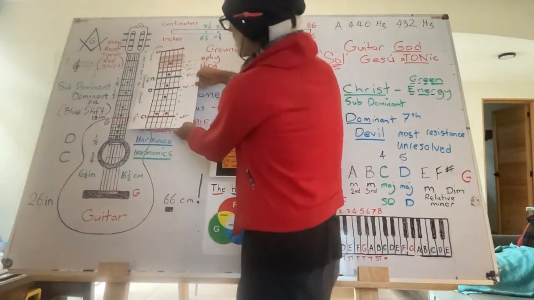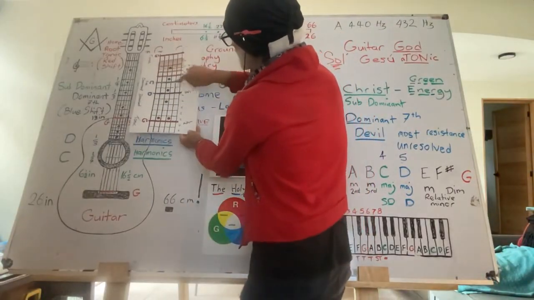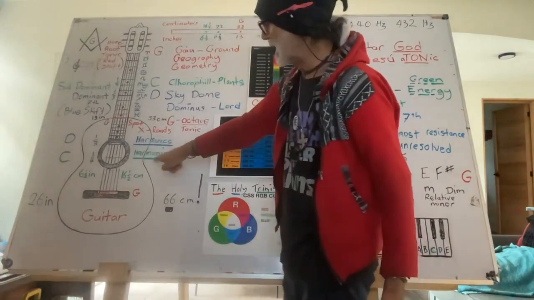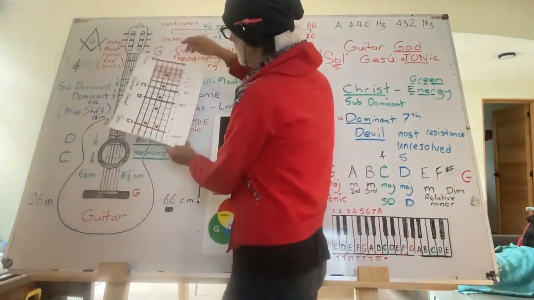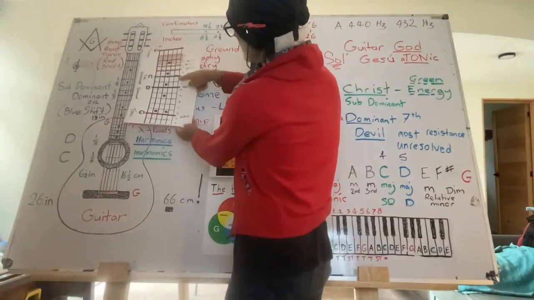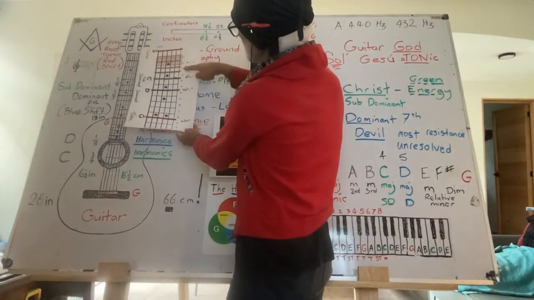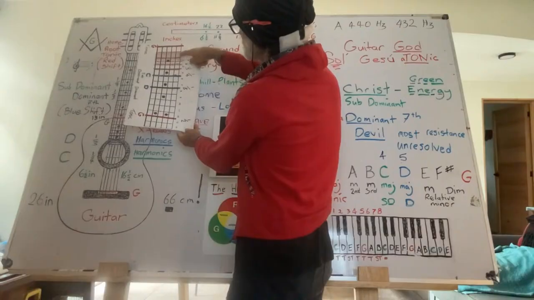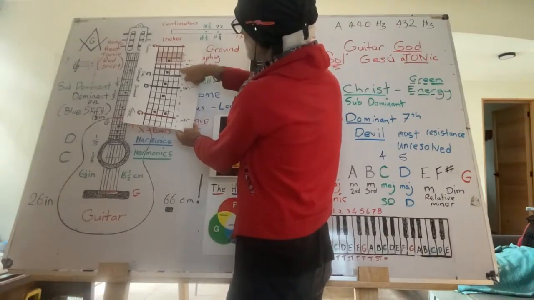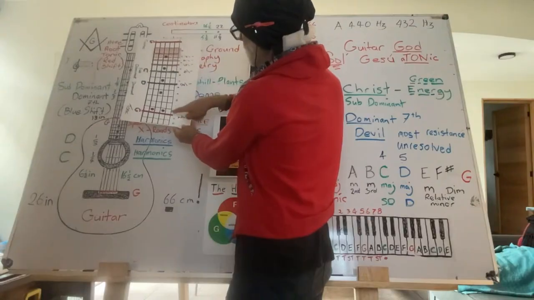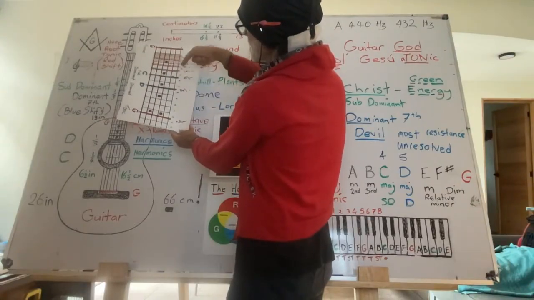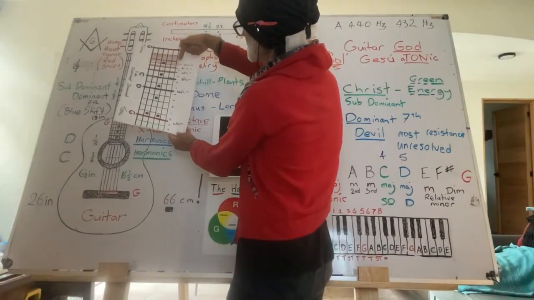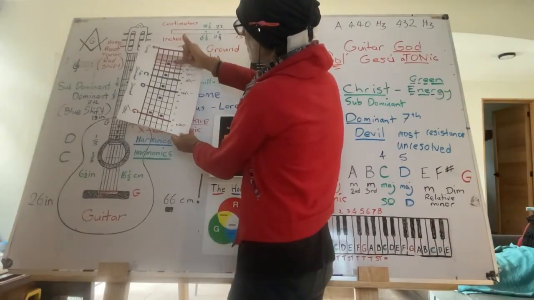You'll notice that every guitar has harmonics, not harmonies, harmonics, at the 5th fret and the 7th fret. Now there are harmonics here. I'm going to show you these. This one's the strongest. See, this one's a half of the string. This is a third of the string. This is a quarter of the string. This one's a 5th. This is a 6th, the 7th, and so on and so forth.